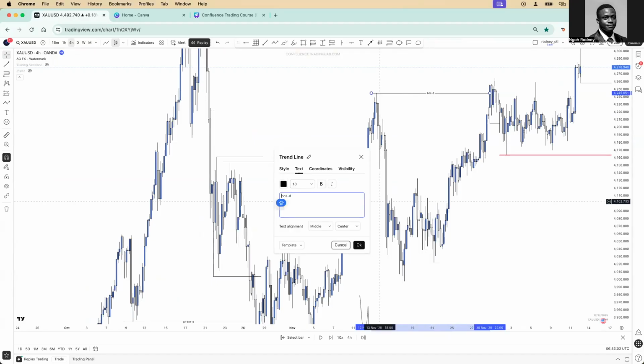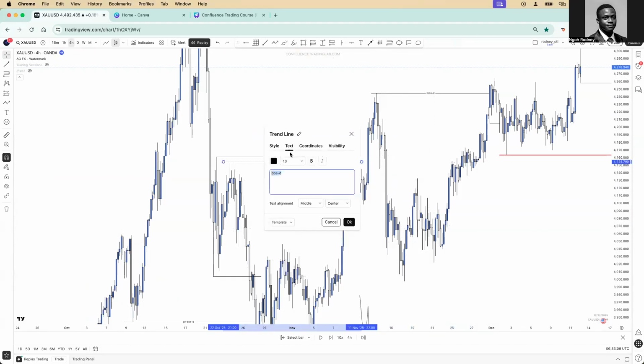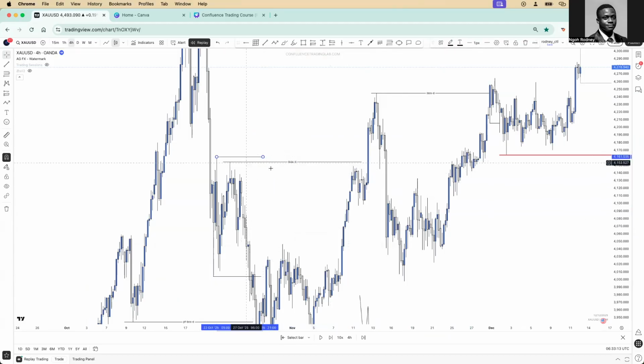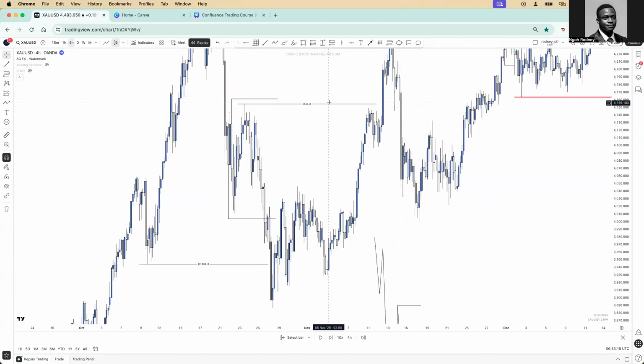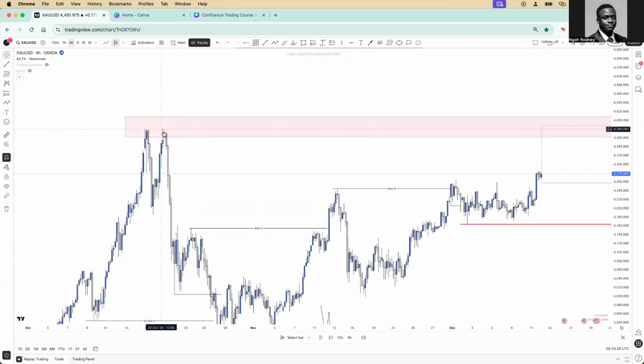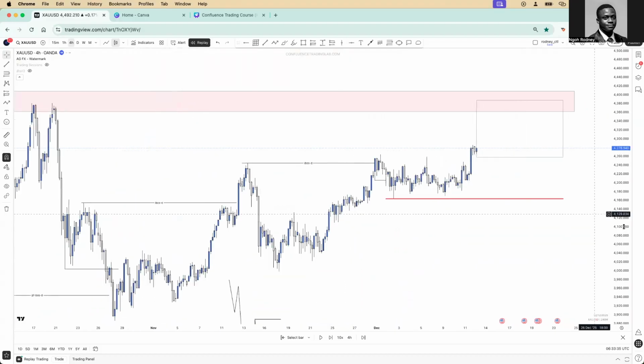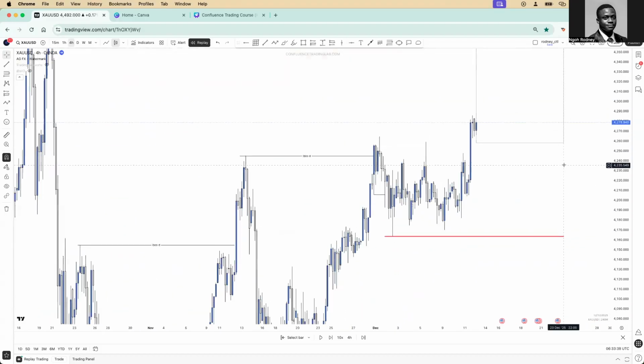The high that was taken out when I was showing you the daily was not external, it was internal. Now, this build up on the daily is an internal structure break to break what? External structure. So two internal breaks will break external structure, okay? When you come to the 4 hours, the same concept applies.